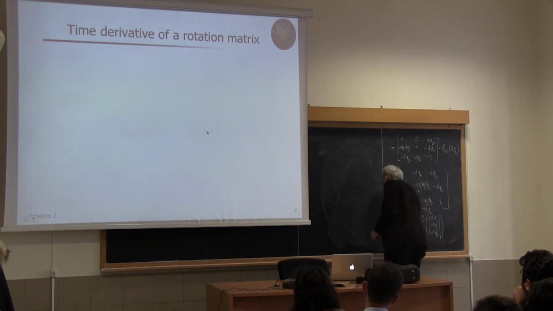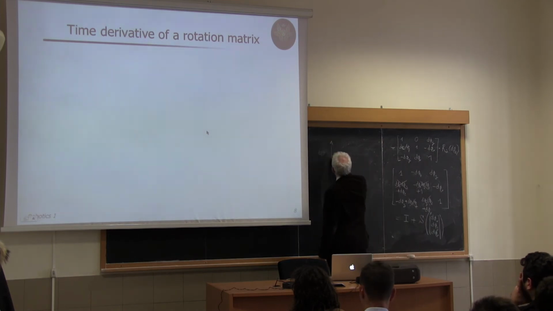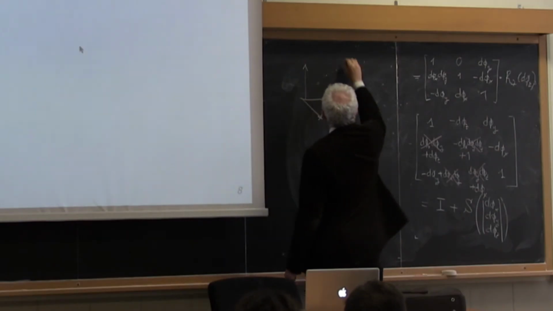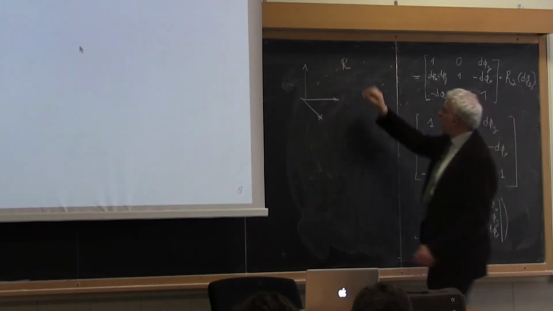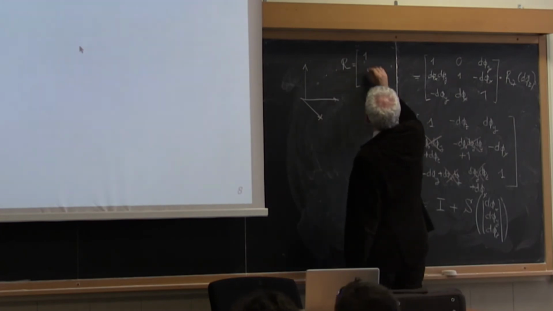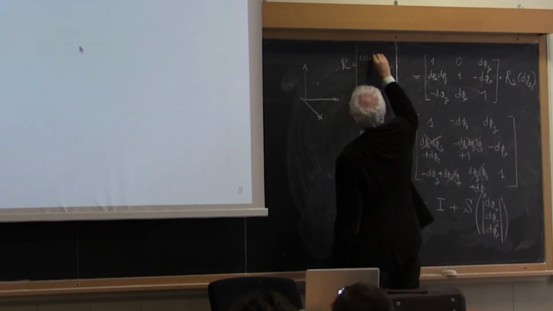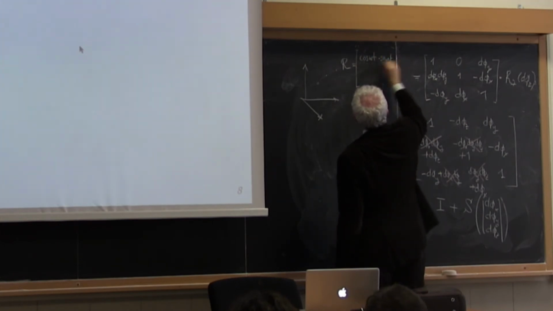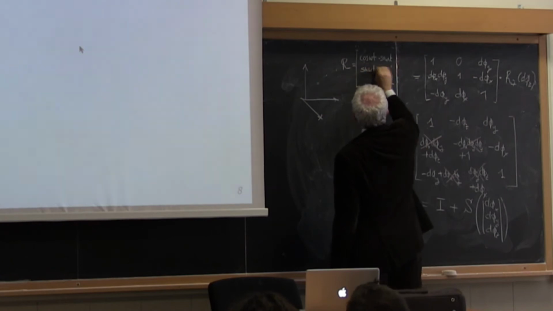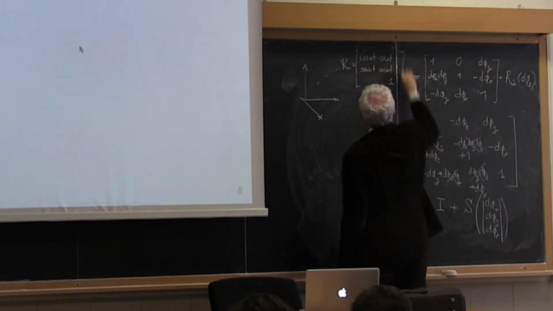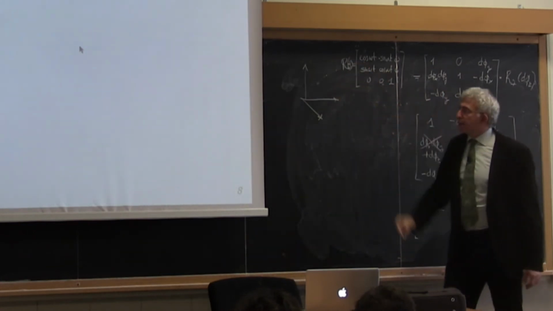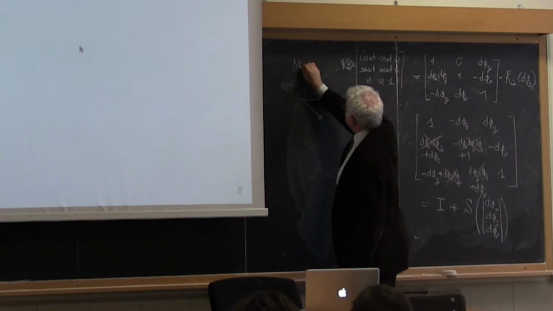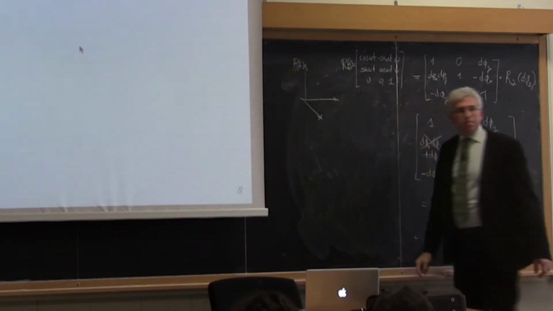Suppose that I have a frame which is represented by R, its orientation is R, and suppose that this is moving. So I can put here R of t, and this is the orientation of this frame at time t.